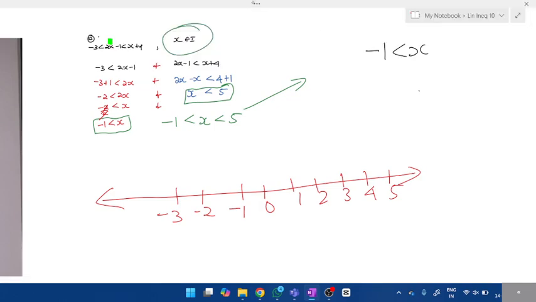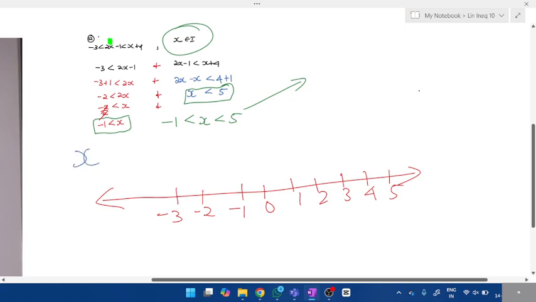In minus 1 less than x, I want x on the left hand side. So what will be the answer if you want to rewrite? x. Correct, because the arrow is pointing towards minus 1, right? Yes, so x is greater than minus 1.